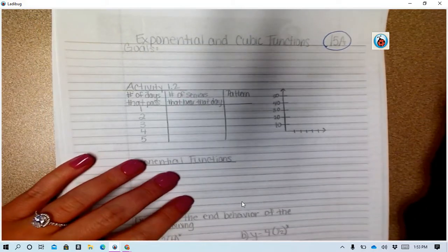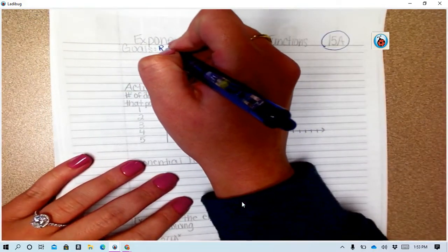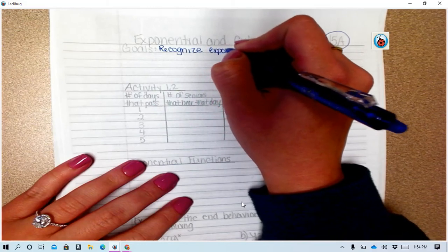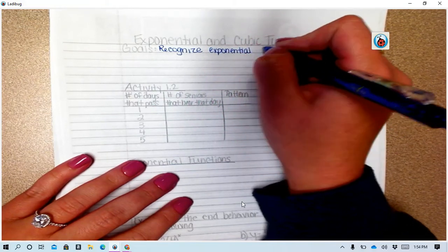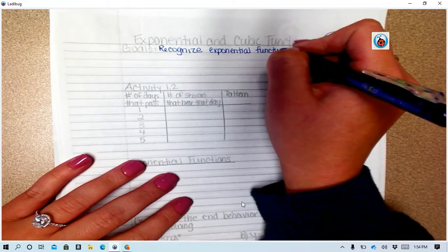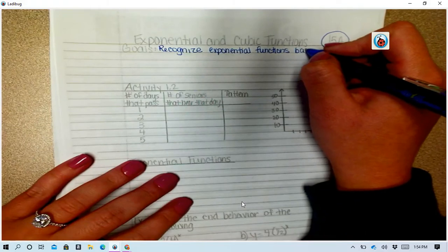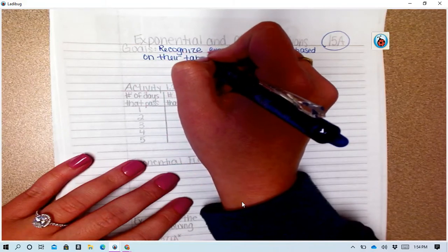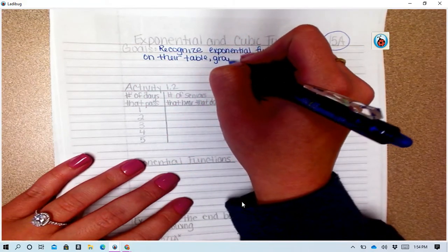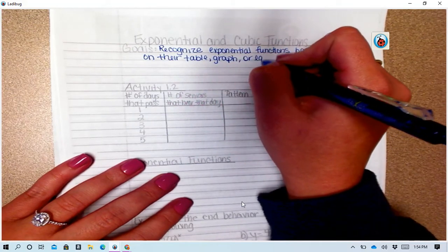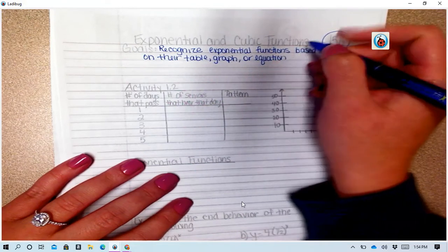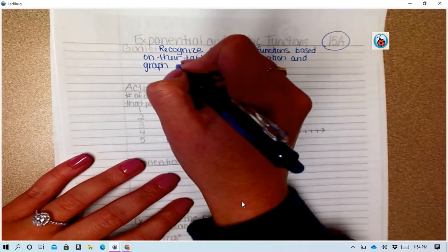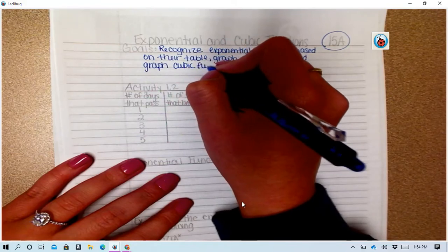And our goal is to be able to recognize exponential functions based on their table, graph, or equation, and graph cubic functions given roots.